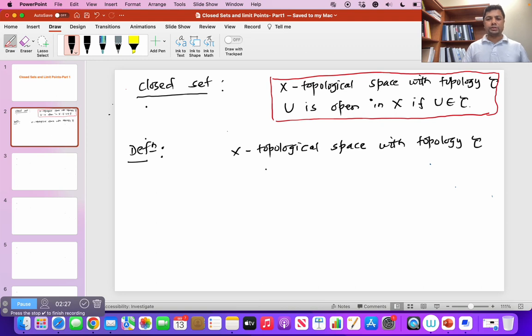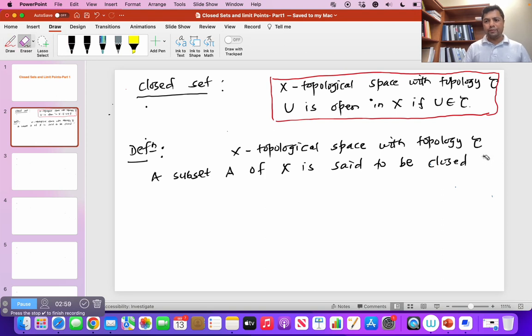Then a subset, let's call it uppercase A, a subset A of X is said to be closed in X if X minus A is open in X.